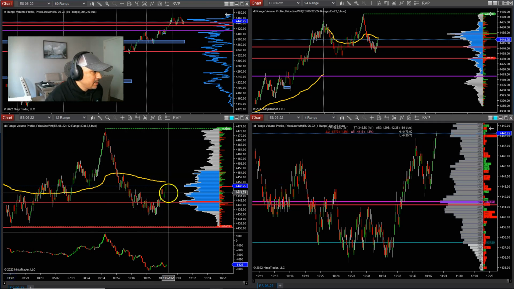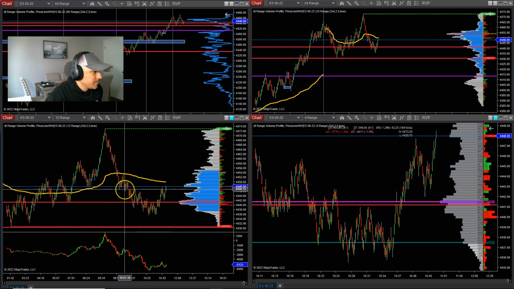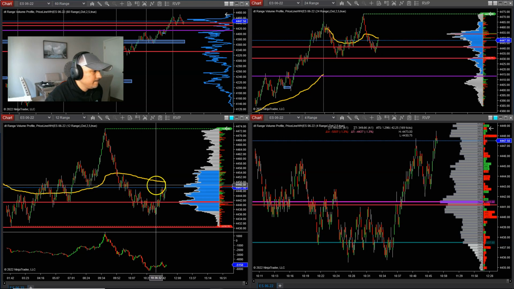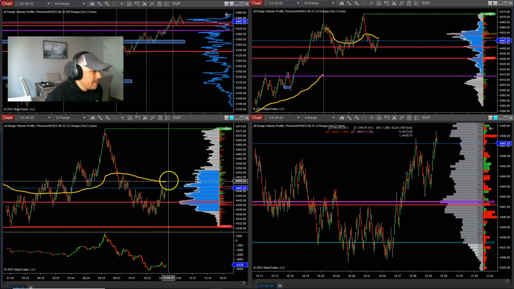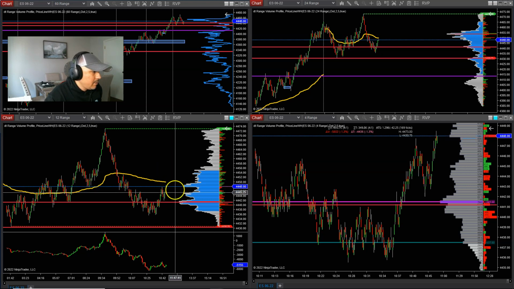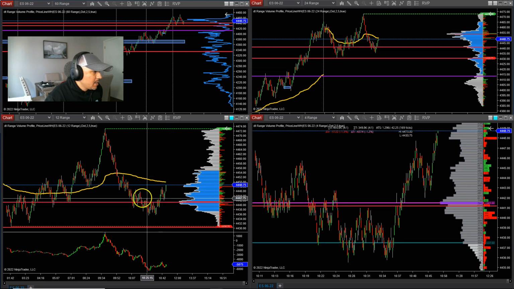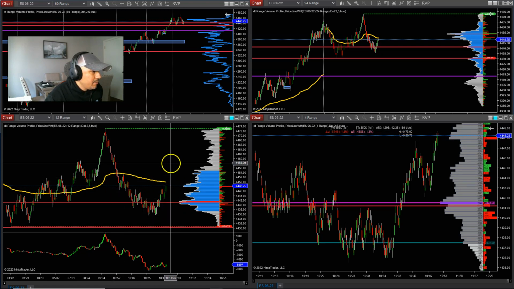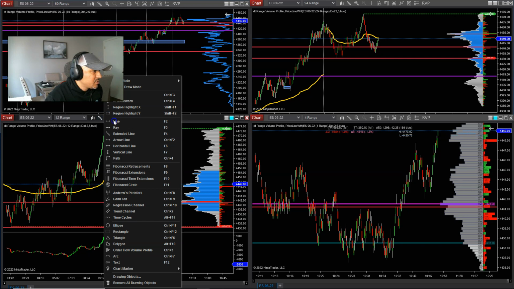Right, looks like price maybe trying to break higher, of course. Let's see, price break higher, maybe pull back to this area right here at 45, close above, and maybe go long. If price could break these areas here, and what I mean is do this right here, let me show you. Where's my arrow line?